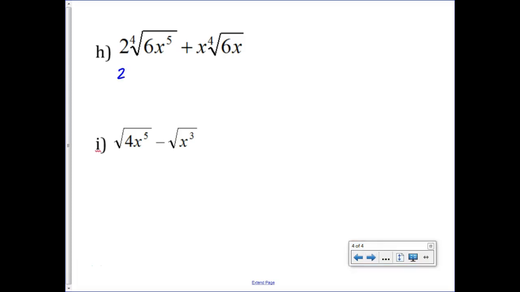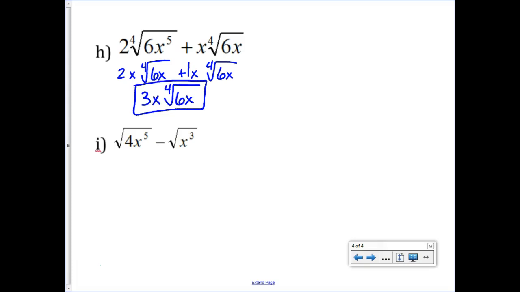So that would give me 2x out front. And then I have the 4th root of 6x, which looks so much more like the 4th root of 6x over here. So then I have 2x plus 1x, which is 3x, the 4th root of 6x. And that's my answer for this.